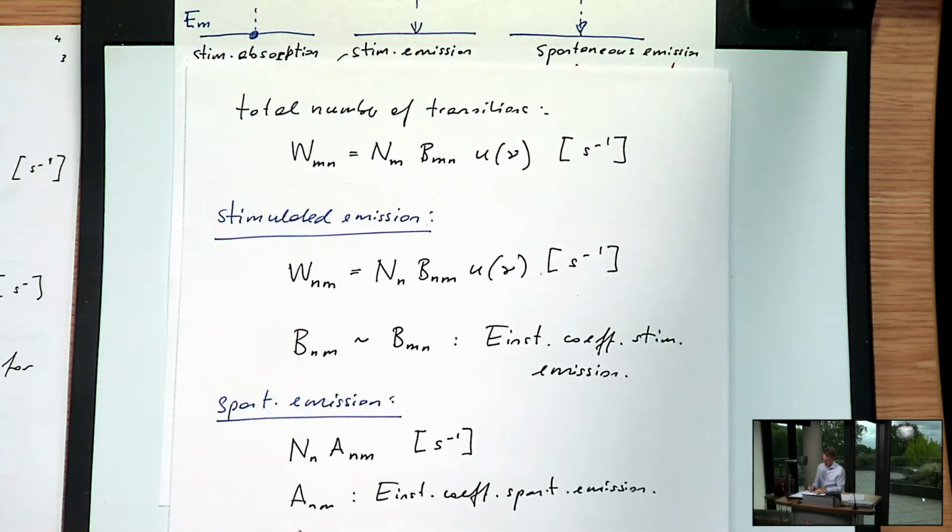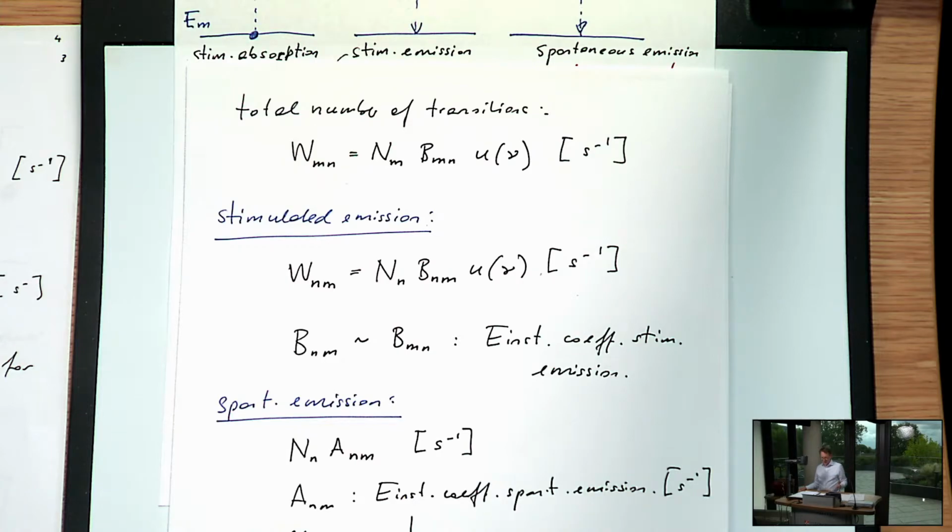And in fact, you can define a lifetime tau_FL equal to 1 over A_nm. So if A_nm is very large, then the population will decay very quickly, and the fluorescence signal will be very strong.